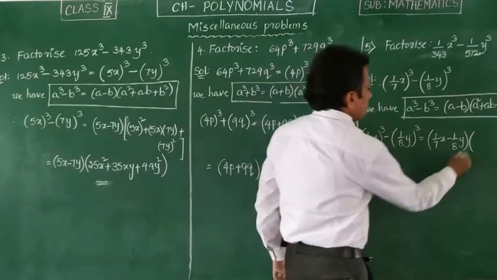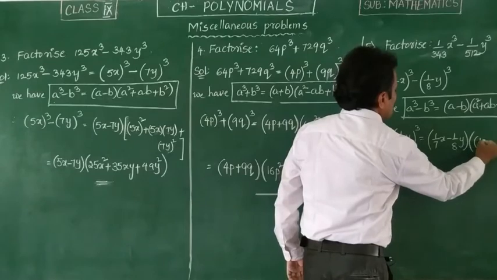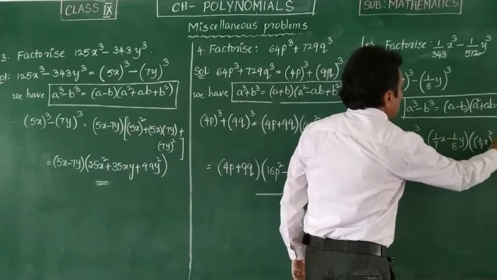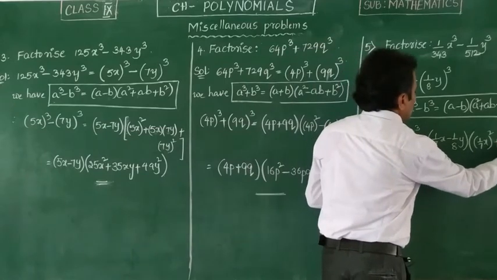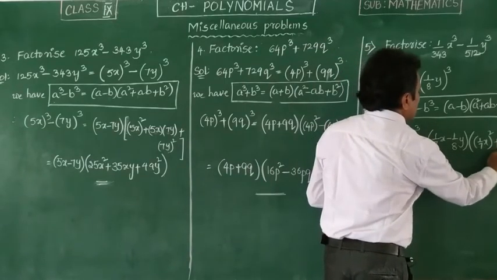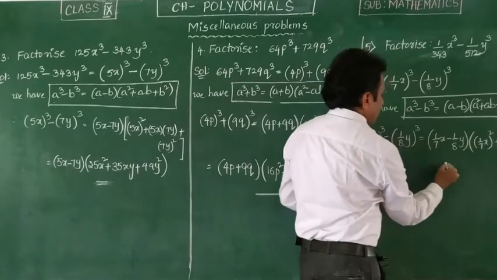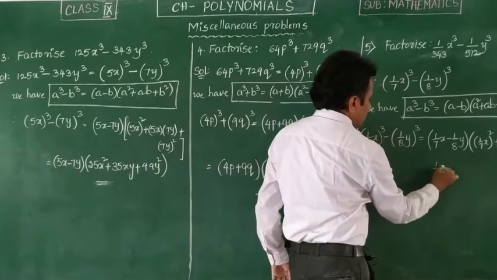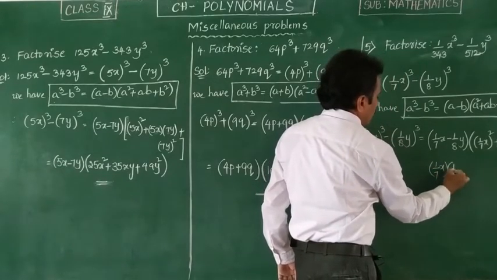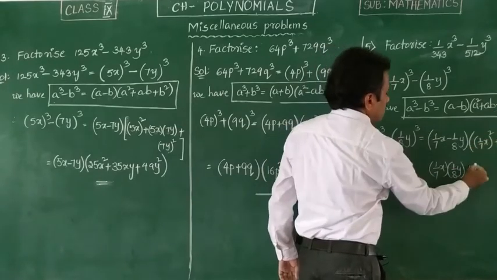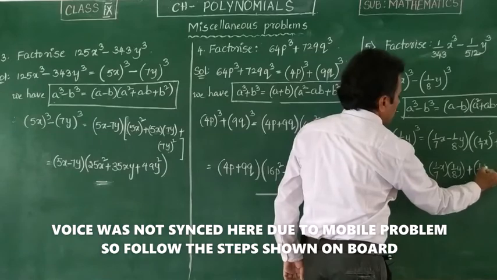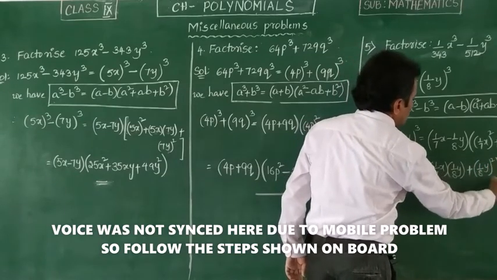What is a square here? 1 by 7x whole square, plus ab, that means 1 by 7x into 1 by 8y, plus b square. What is b here? 1 by 8y, whole square. You need to close the bracket.